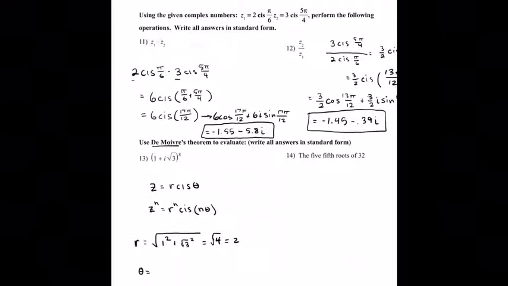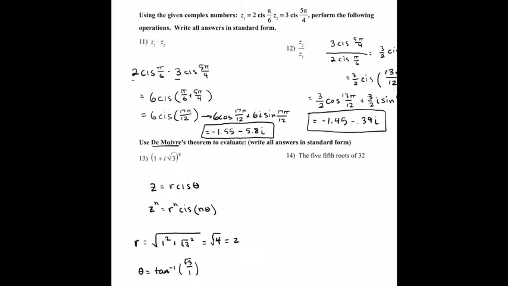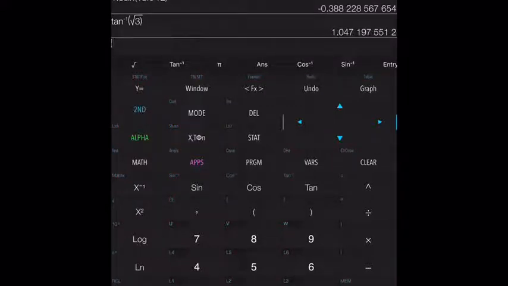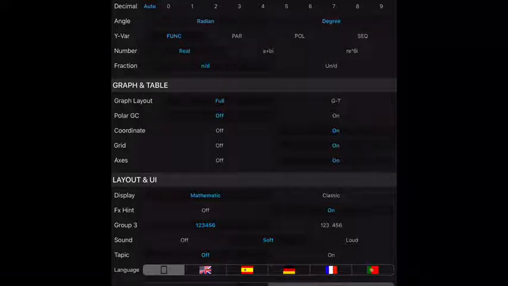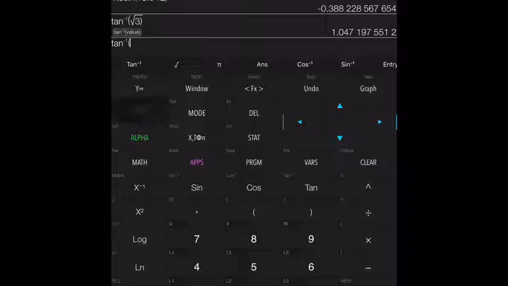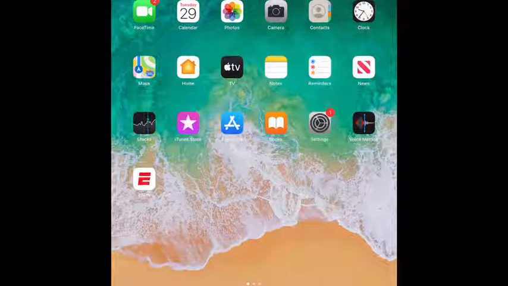And then the angle is inverse tangent of b over a. So the inverse tangent of the square root of 3. Let's go back into degree mode. So inverse tangent of the square root of 3 is 60 degrees.